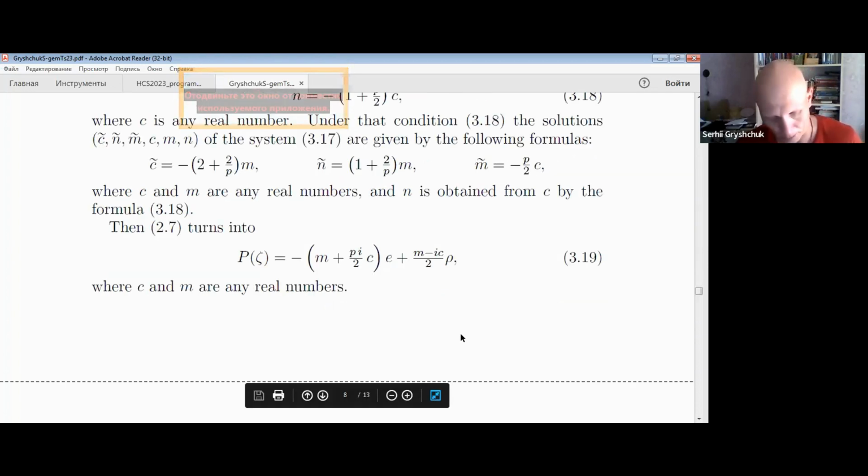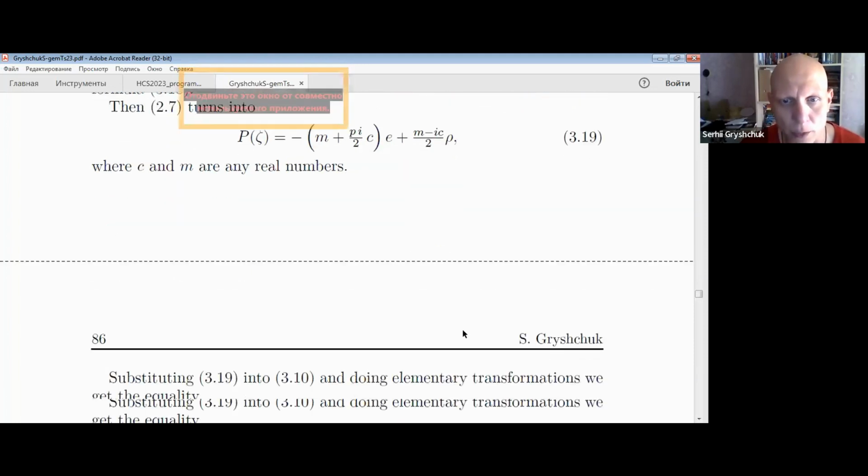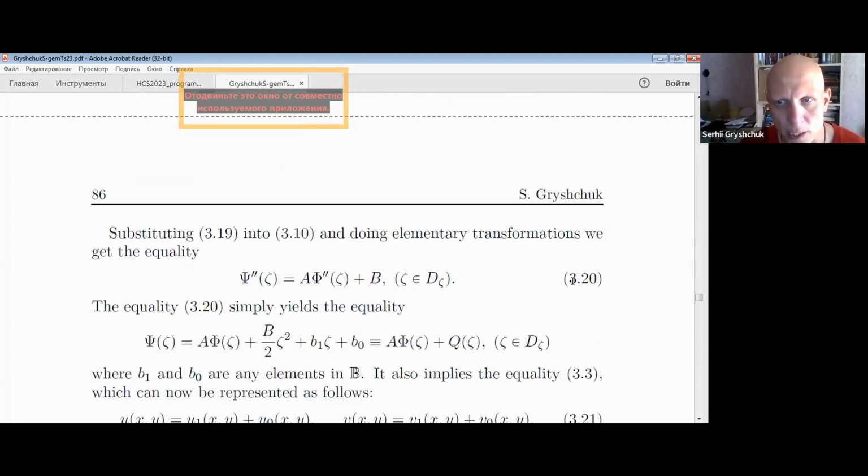Then, transforming and replacing for our functions u and v, we obtain such relations 3.20 between our monogenic functions, which generate our solutions.